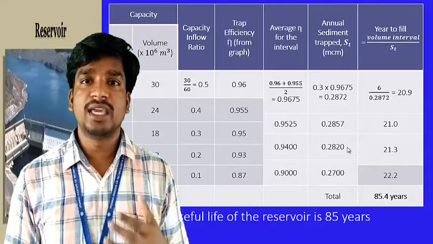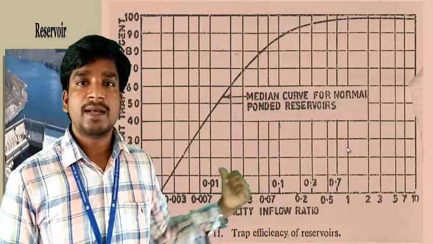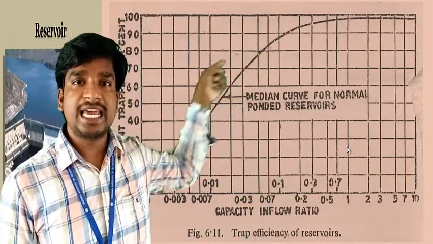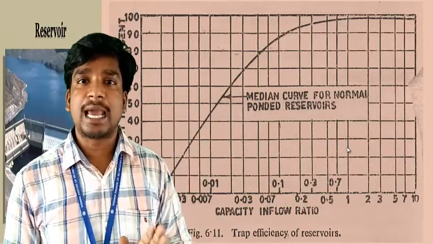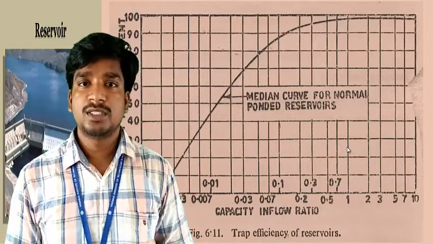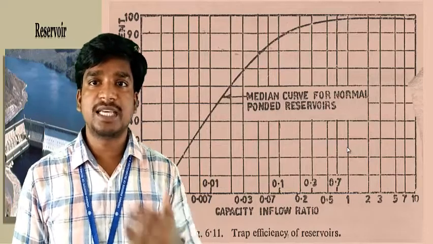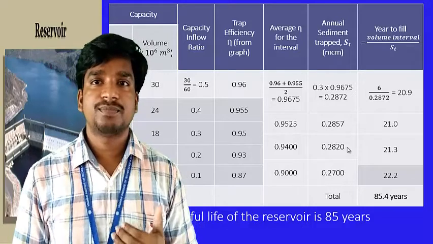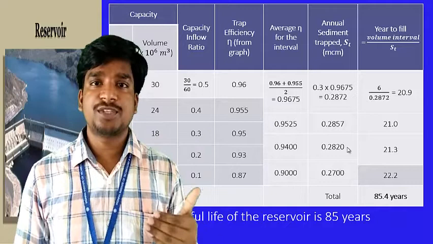So for that I am moving to this particular figure. If we know the capacity to inflow ratio, we can calculate with respect to this curve what will be the percentage of sediment trapped, meaning the efficiency of that particular sediment trapping. Now here let us assume from this graph we have calculated the values with respect to the capacity to inflow ratio.